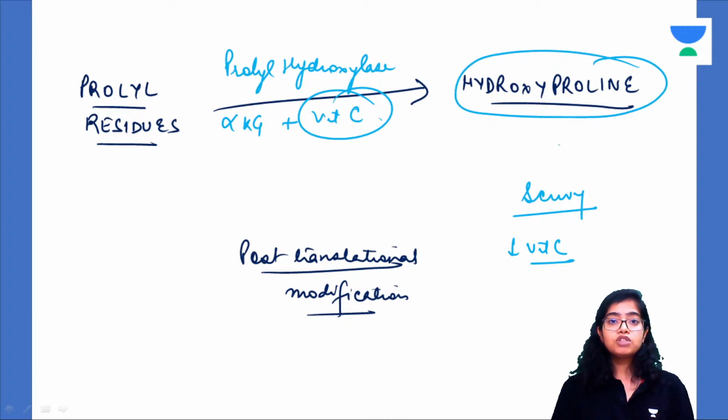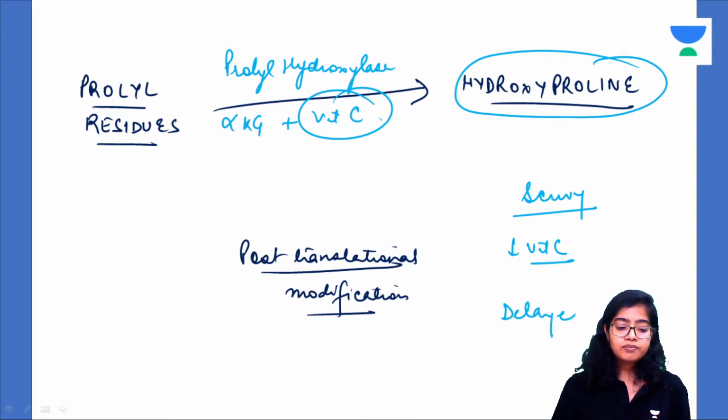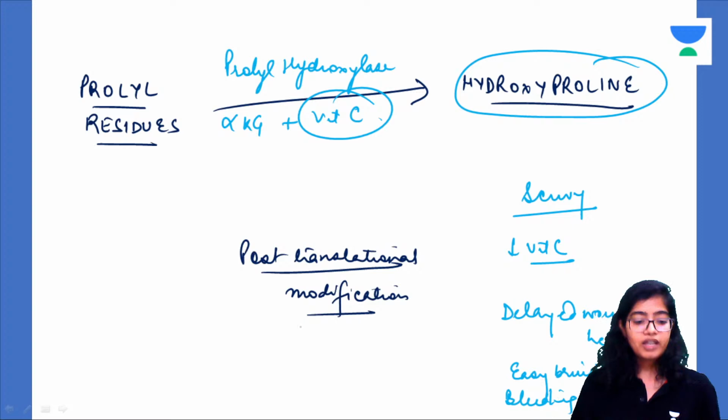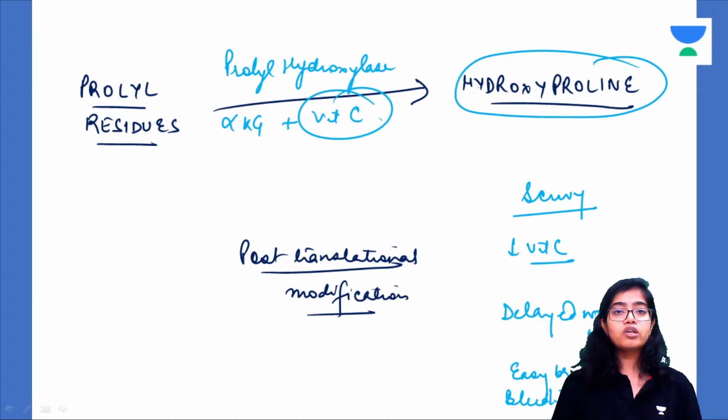Therefore, the connective tissues are defective and there is delayed wound healing, easy bruisability, bleeding gums. All these things occur in scurvy because of defective collagen, because of defective hydroxylation of prolyl residues.